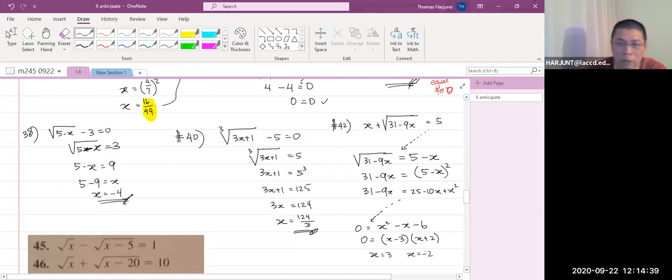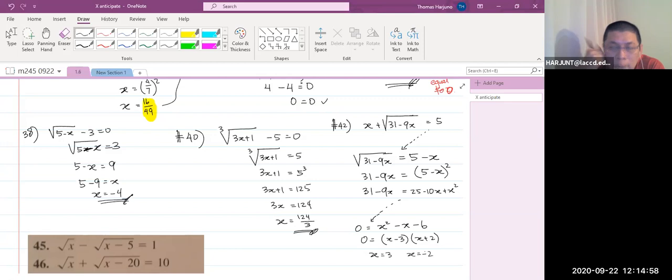But we are not done yet. Remember earlier I said, if you square both sides of an equation, then you may have extraneous solutions. Therefore, you need to check whatever solution you have.